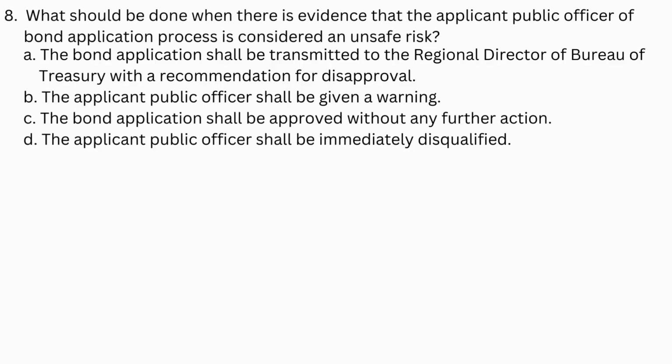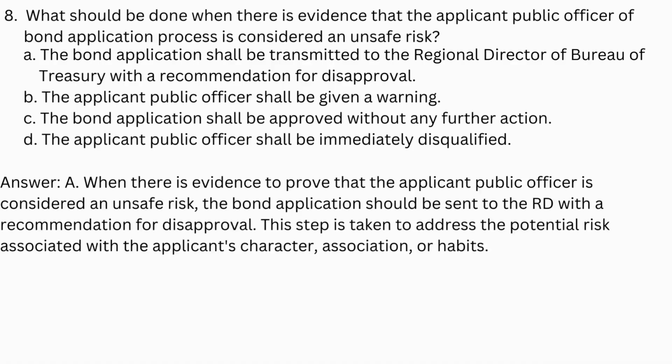D. The applicant public officer shall be immediately disqualified. Answer, letter A. When there is evidence to prove that the applicant public officer is considered an unsafe risk, the bond application should be sent to the regional director with a recommendation for disapproval. This step is taken to address the potential risk associated with the applicant's character, association, or habits.